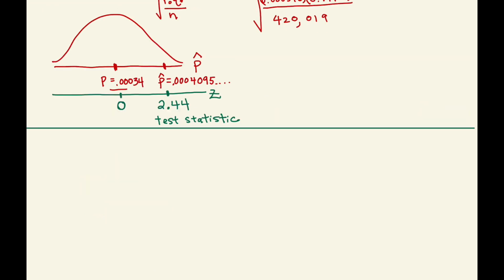So in step 3, we are going to be calculating what is called the p-value. The p-value is just the area to the right of our test statistic. So that's really all the p-value is, this red area. And how do I know that?